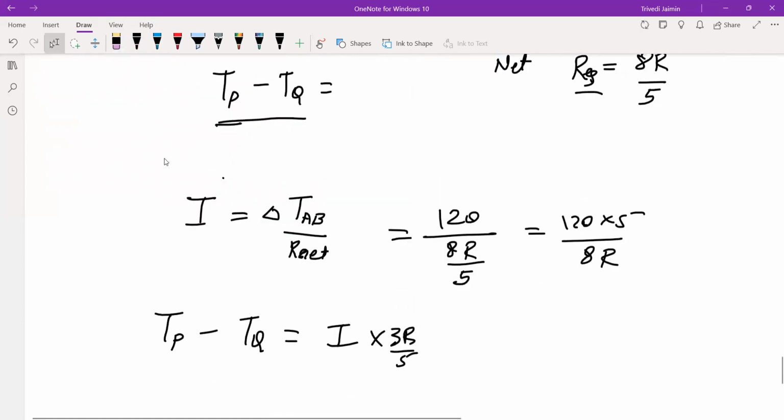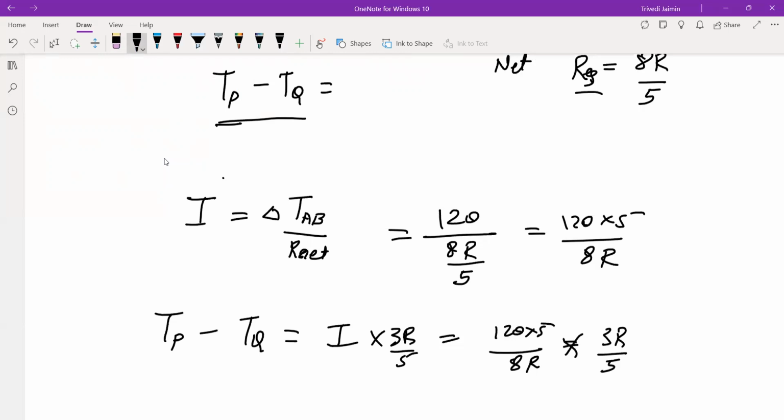Okay, and then substitute I value. 120 into 5 by 8R, into 3R by 5.